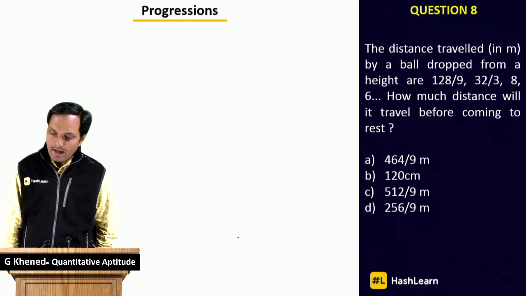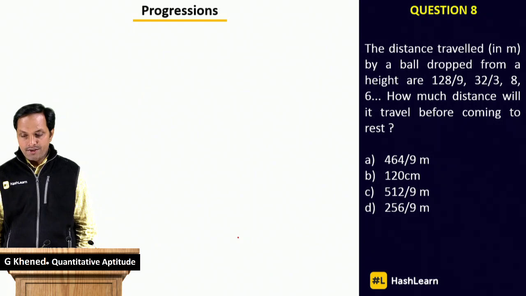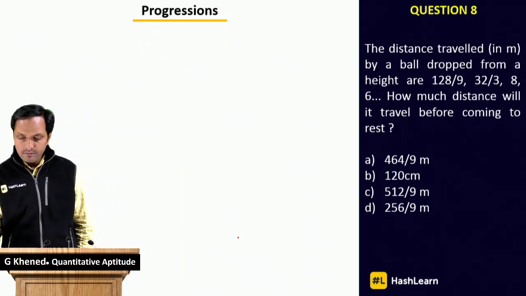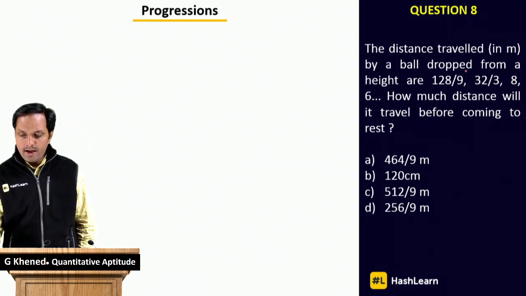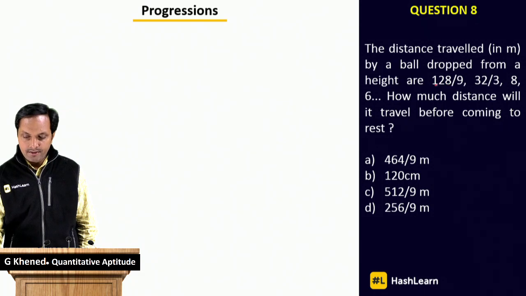The distance traveled in meters by a ball dropped from a height is 128 by 9, 32 by 9, 32 by 3, 8, 6 and it goes on.